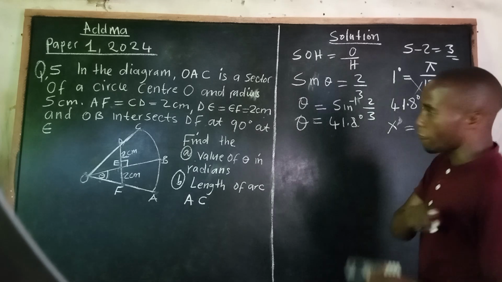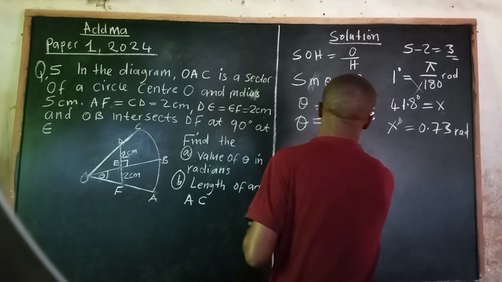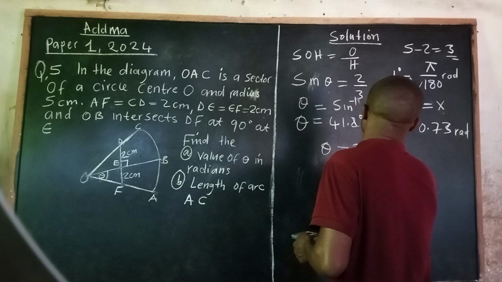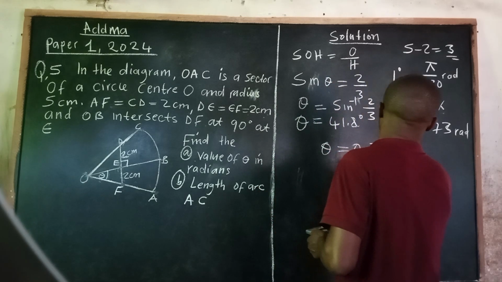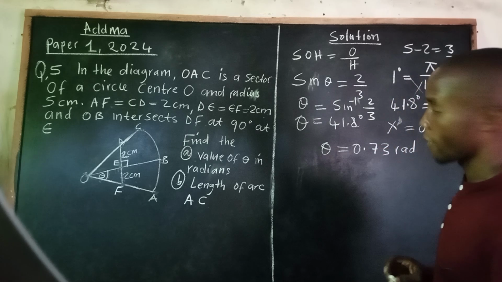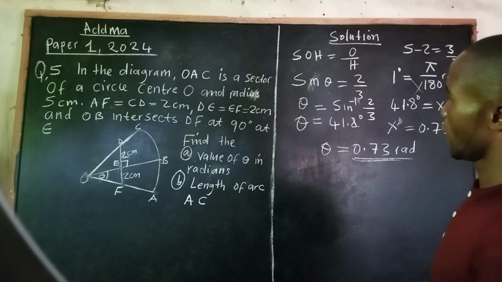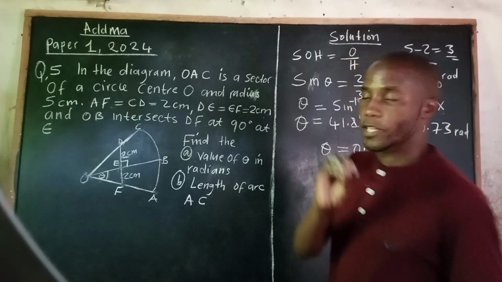Okay, therefore our theta here is equal to 0.73 radians. Okay, so that is our theta. Yes, so we are done with question A.